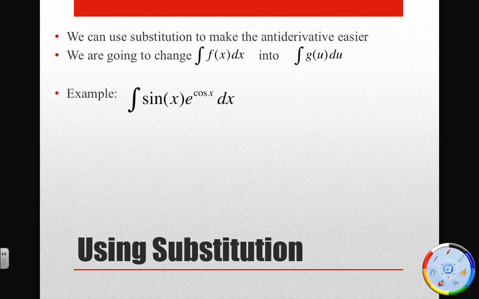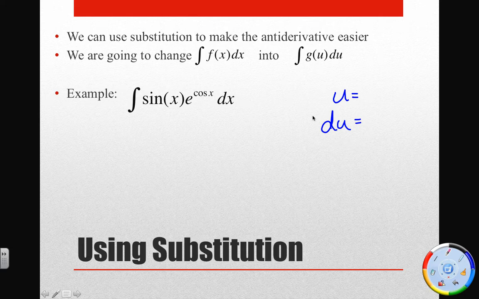All right, so let's look to see what this looks like. Now, if you're looking at this function, you go, hey, I have no idea whose derivative this is. And that's probably a good thing, because if you did, you'd be on top of things already. But here's what I want to do. I want to say, well, let u equal something, and then I want to know what du is.